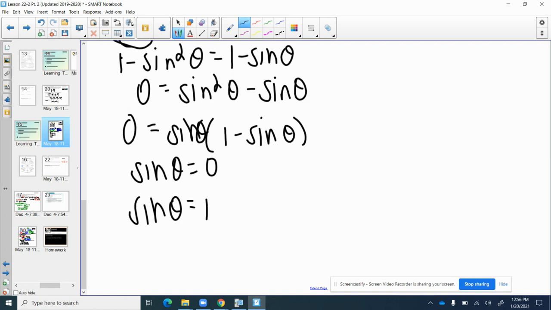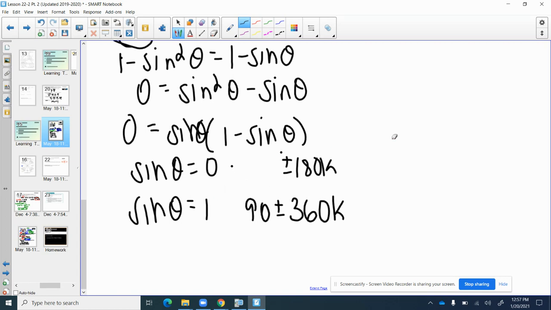So we have to be careful because sine's going to repeat. Sine is 1 at 90, so we can just say 90 plus 360k, and then sine is equal to 0.